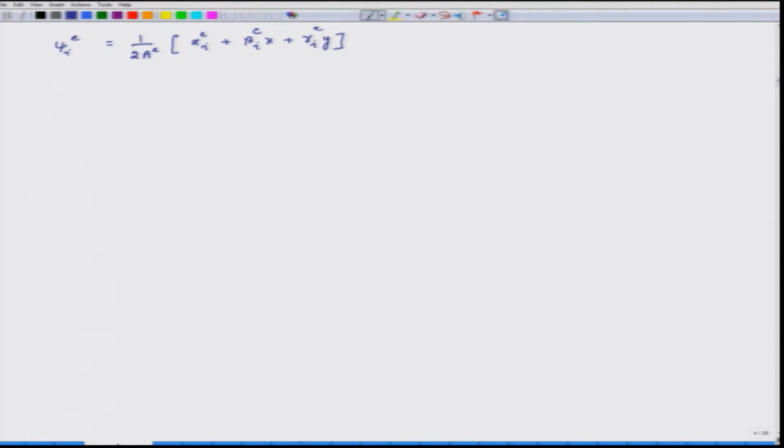Please note that alpha, beta and gammas are constants, and they are constants for a specific element. For one triangle they may have some set of values, for another triangle their values will be different. Okay.